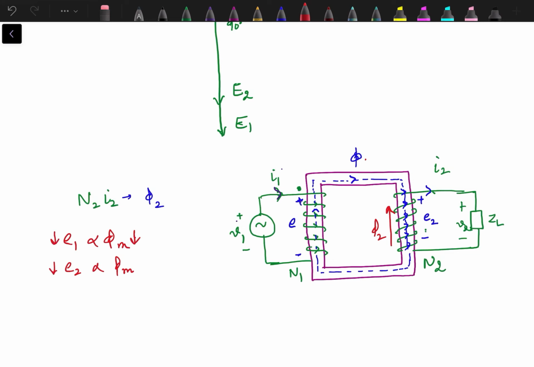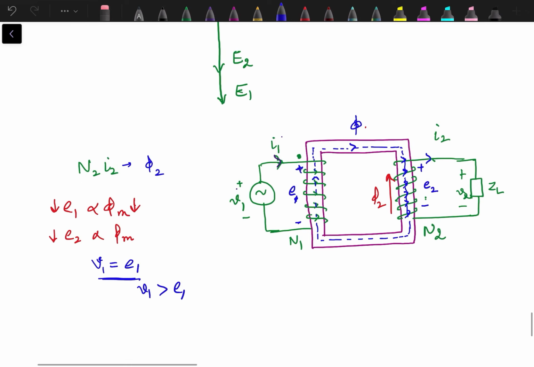So if E1 reduces over here, we had the equation that V1 is equal to E1. So this balance will not be there. V1 will be more in comparison to E1. So when V1 is more than E1, because of the potential difference, more current will start flowing on the primary side.